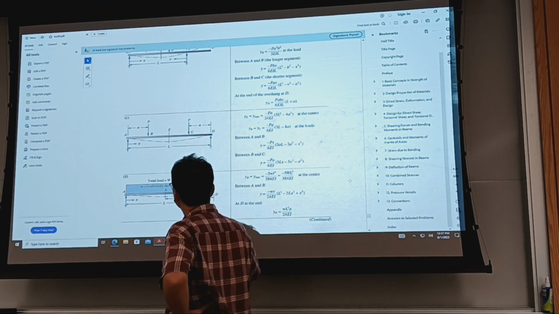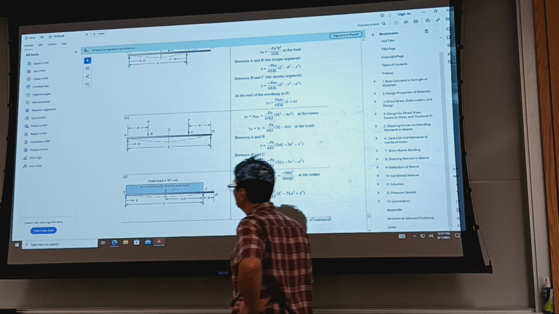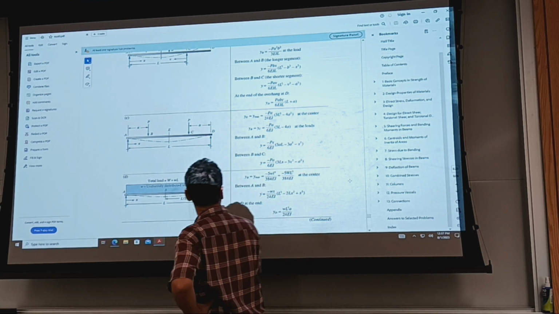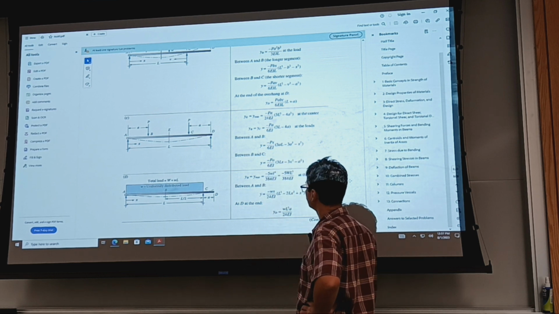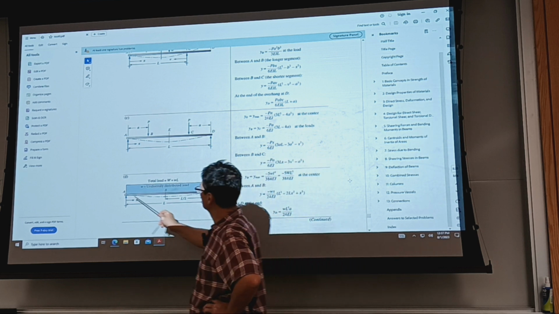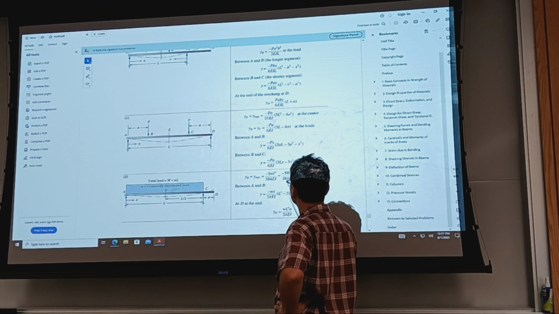All right, uniformly distributed load over the full length. And you'd expect maximum deflection to be in the middle. It is. And the equation of the deflected neutral axis, you have it here.